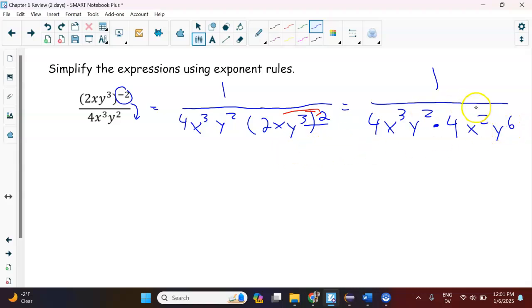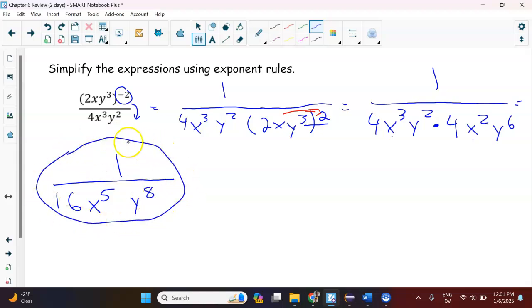You multiply them there. Okay, and now we can just take the bottom and do 4 times 4 is 16. And then x cubed and x squared, those add to x to the 5th, and then y squared and y to the 6th is y to the 8th. And again, I'm not expanding it there because hopefully we're getting good at those rules, but if needed, you can always expand those positive exponents out and figure out how many you got.